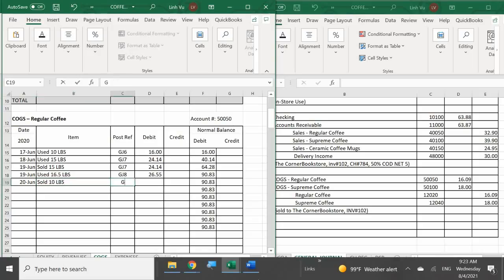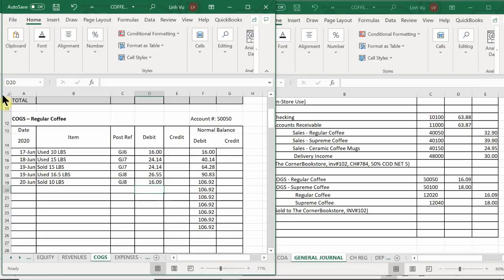General journal number 8. And how much did that cost me? $16.09. Good. Okay, that's where I got lost right there. I didn't see that.